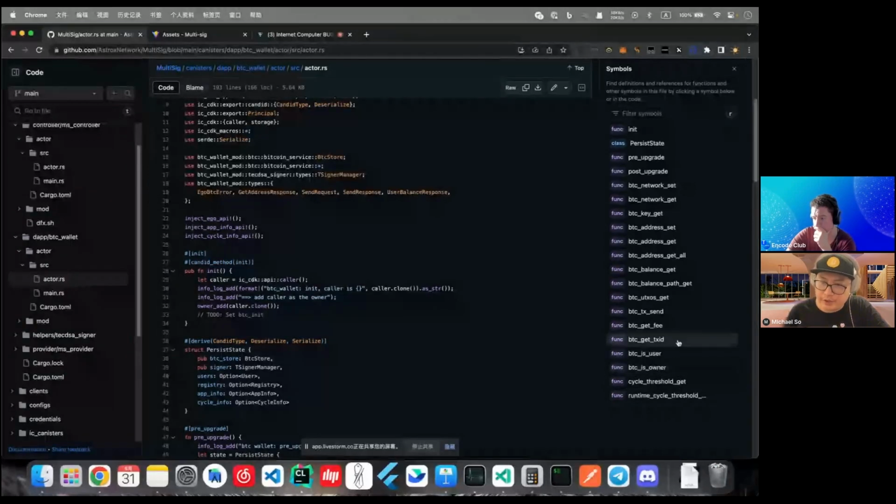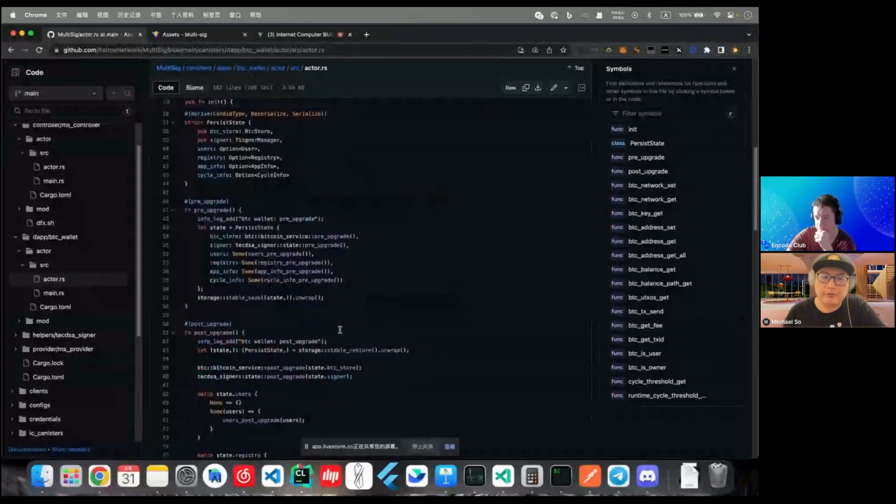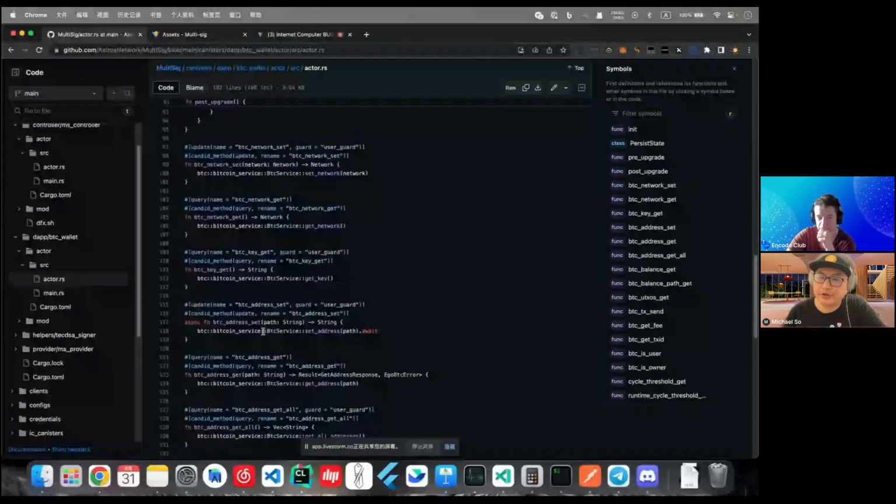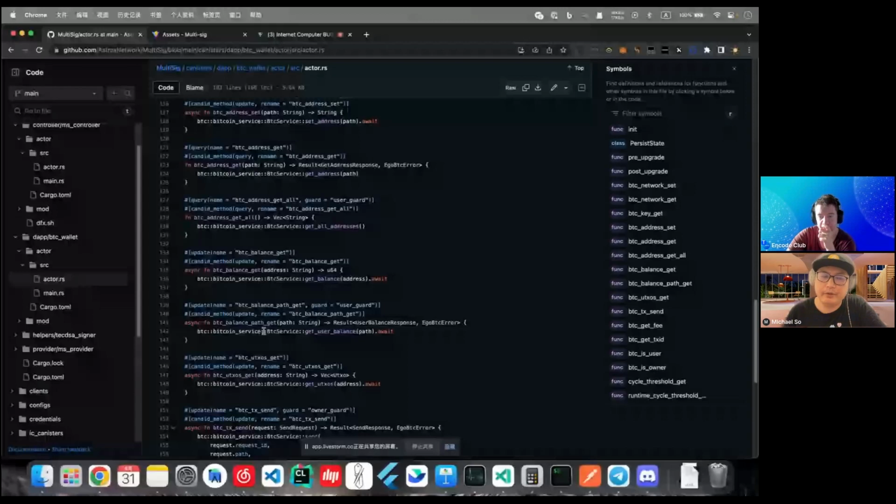And finally, we can broadcast a transaction. I'm not going through the details of this code, just showing the interface that we have, because all this follows that graph. So let me demonstrate a little bit of the working demo.